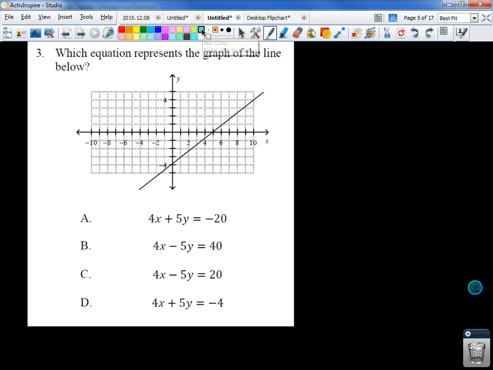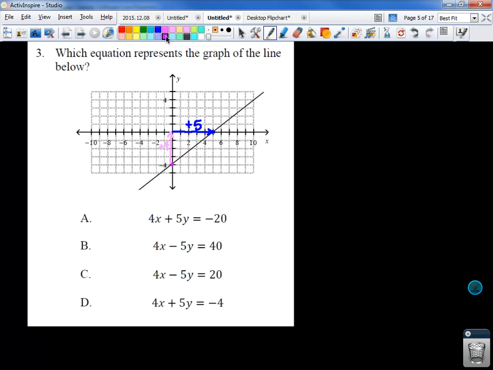So here we go. The y-intercept is -4, and the slope, let's see, blue. So the slope rises +4 and has a run of +5.